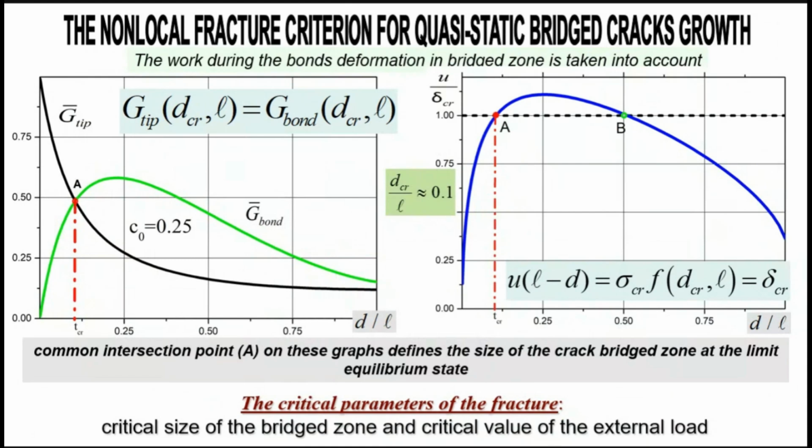We have two intersection points between the crack opening and the limit crack opening, but only one point, A, is the real solution of this criterion. It defines the critical parameter of fracture, the critical size of the bridged zone, and we can find the critical value of external load. After that, the crack will grow quasi-statically.